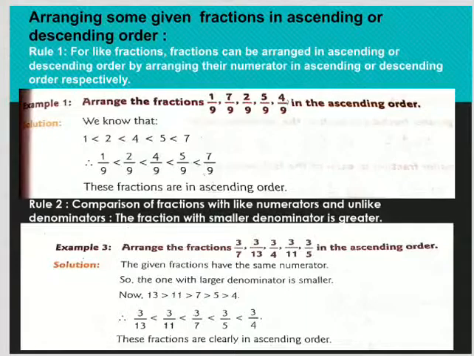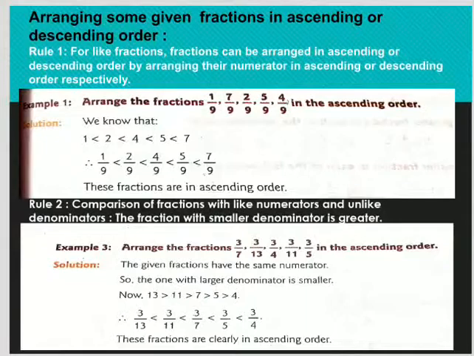Next case is comparison of fractions with like numerators and unlike denominators. In this case, if the denominators are different, then first you have to see the numerators. If all the numerators are the same, then what you have to do? You take the one with the larger denominator as the smaller. So the fraction with the larger denominator is the smallest.